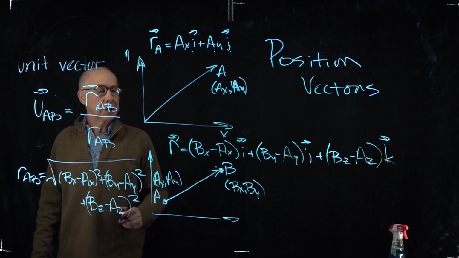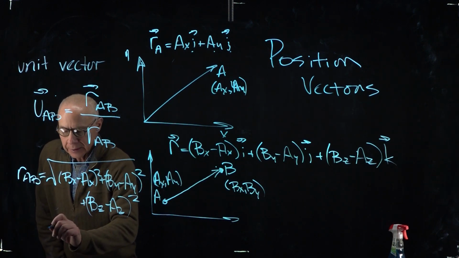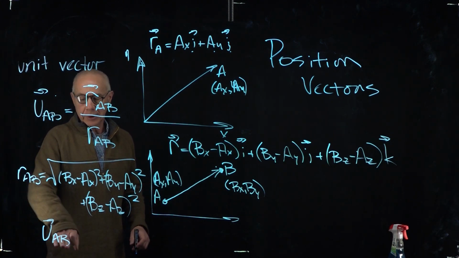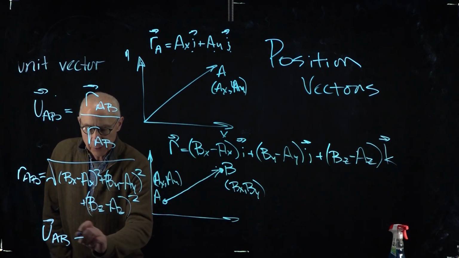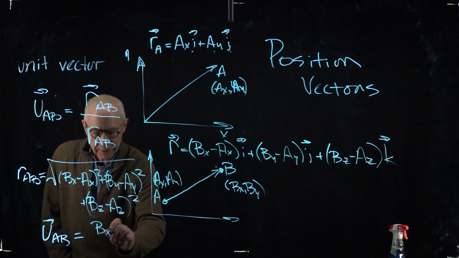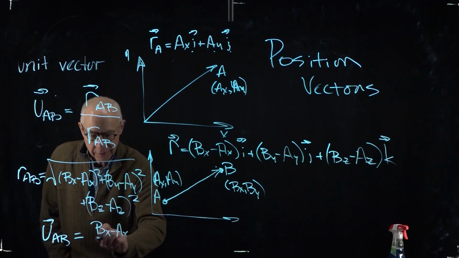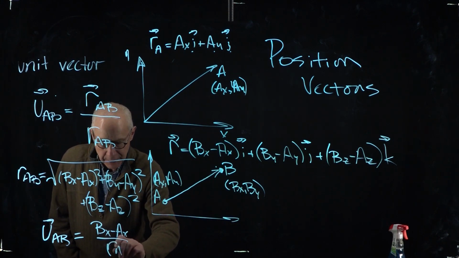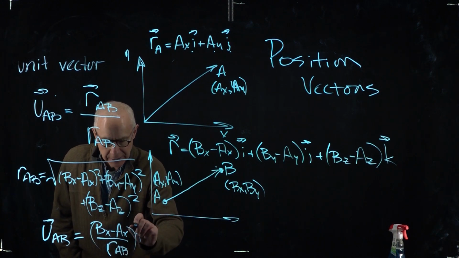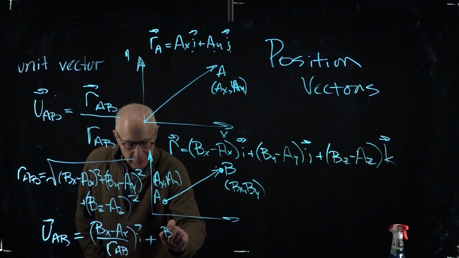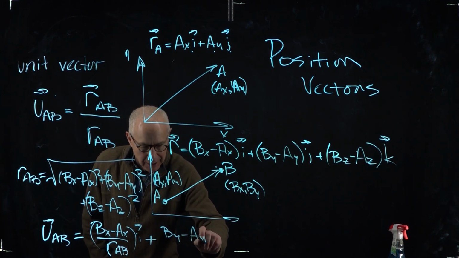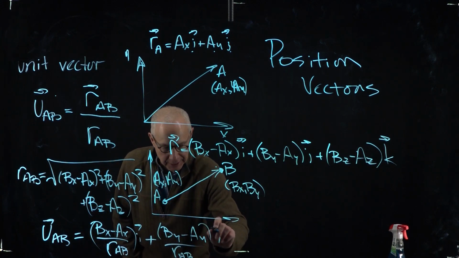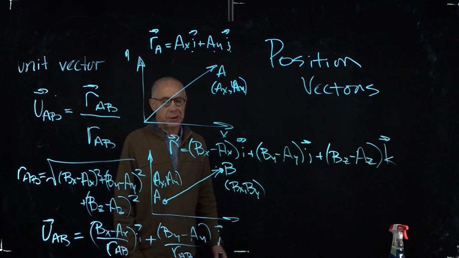I'll just write that at the bottom. So you're going to write u_AB, again, our unit vector in the direction from A to B, equals bx minus ax over this magnitude of our position vector, r_AB, times i, plus by minus ay over r_AB times j, again the unit vector in the y direction.